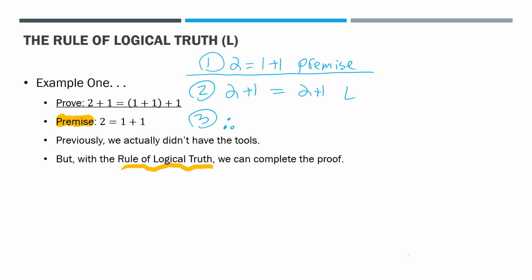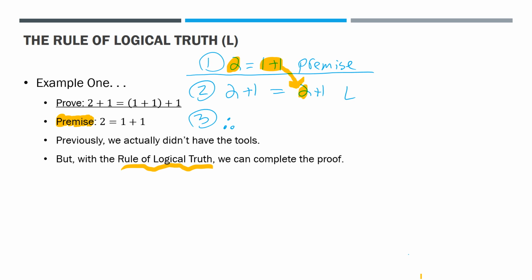After all, line 1 tells us that 2 is equal to 1 plus 1. Or in other words, that 2 is identical with 1 plus 1. So we can take that 1 plus 1 and substitute that in for that 2 that appears on line 2.